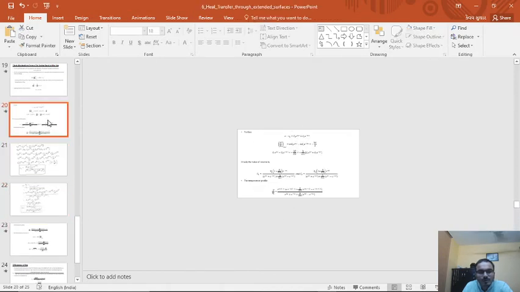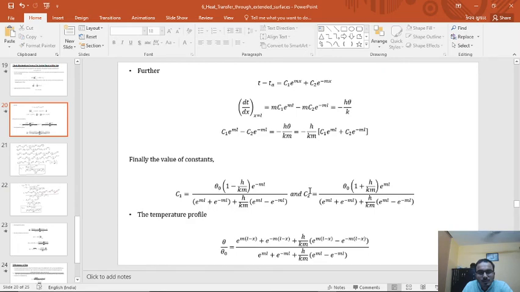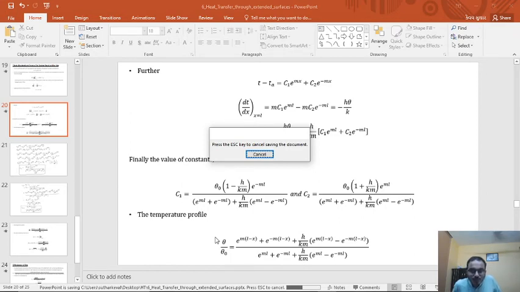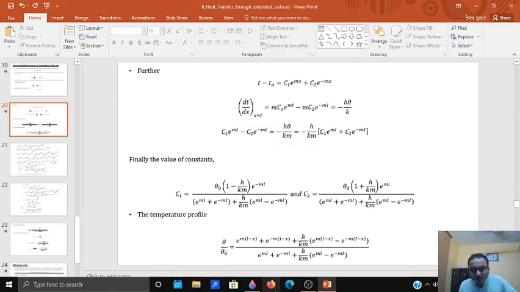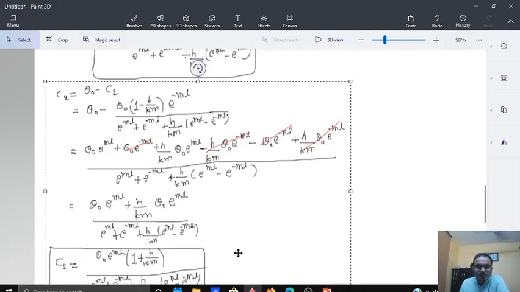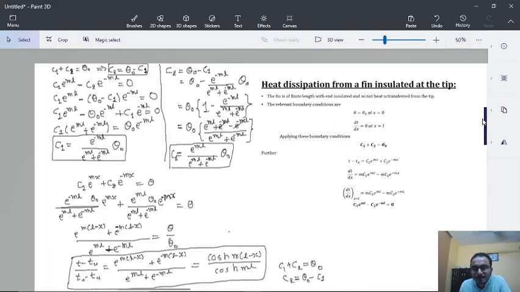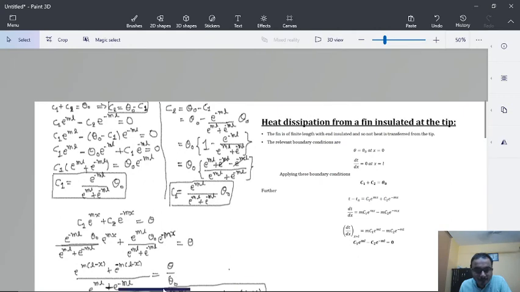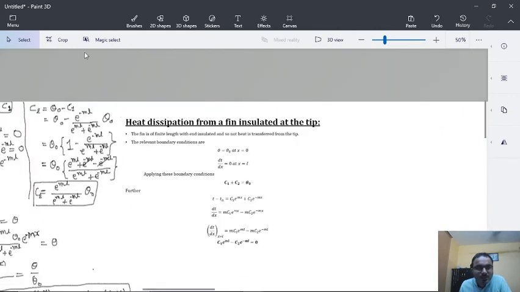So here, in this slide the temperature profile is also derived. So we are also going to derive this temperature profile on our board. So let us derive the temperature profile now. Let me erase this portion.